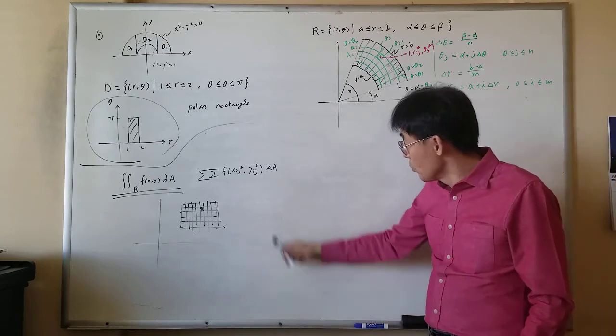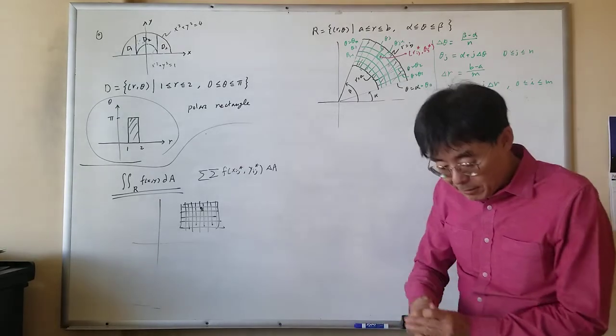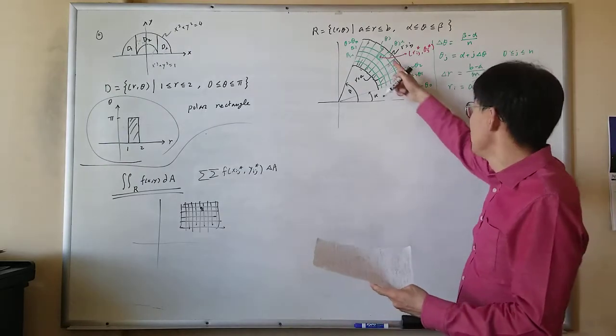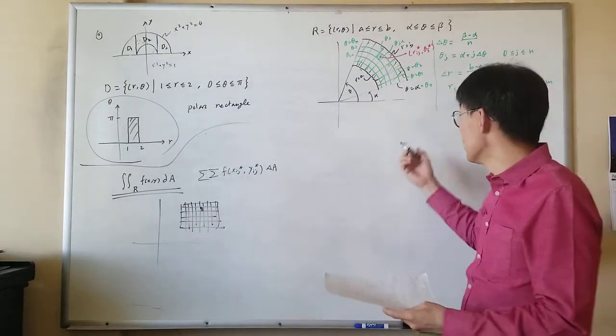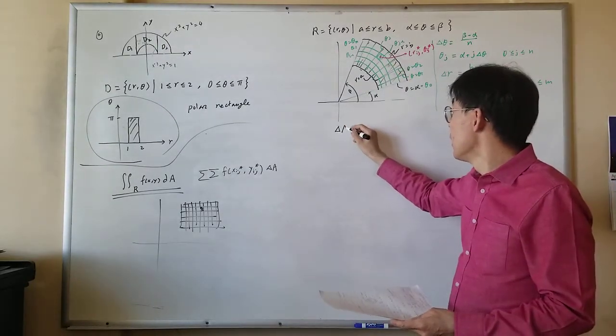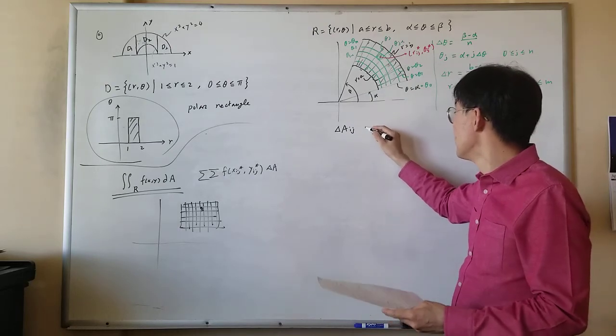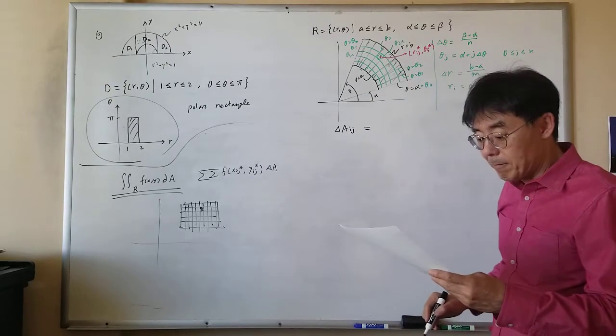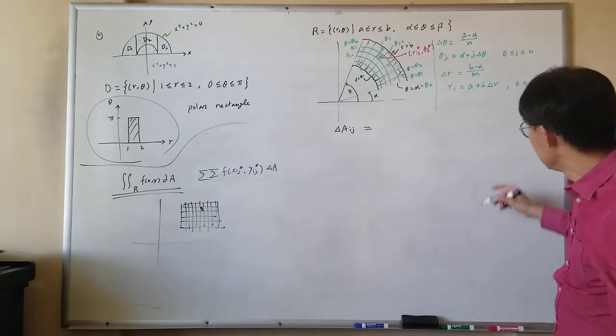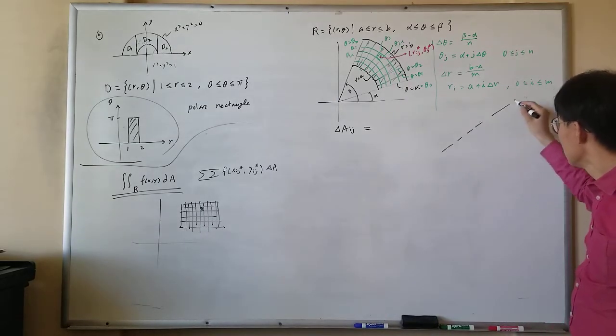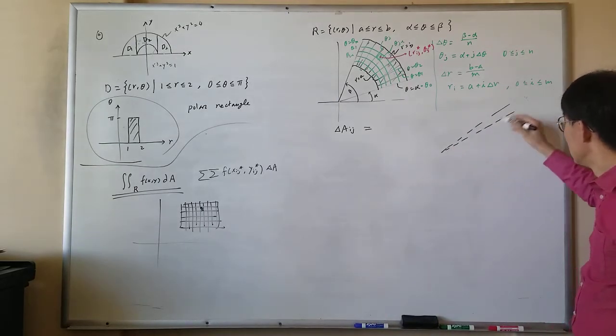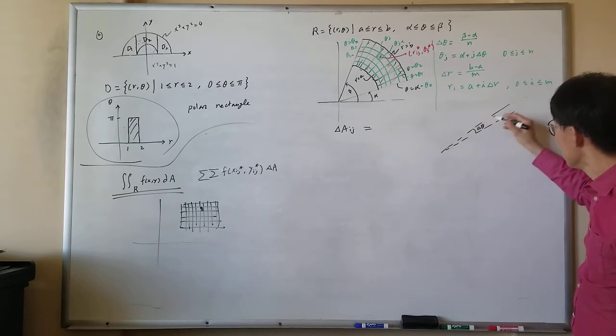First of all, we have to do this. What's the area of the ij polar subrectangle, A ij? Think about it. This is delta theta, all right?